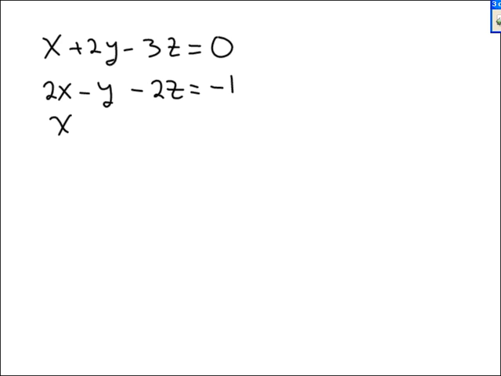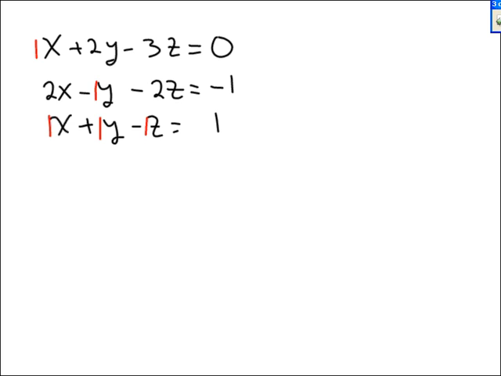x plus 2y minus 3z, that's 0. 2x minus y minus 2z, negative 1. And x plus y minus z is 1. A couple of comments. You need to be mathematically mature enough to know that there are understood ones in the places I just denoted.